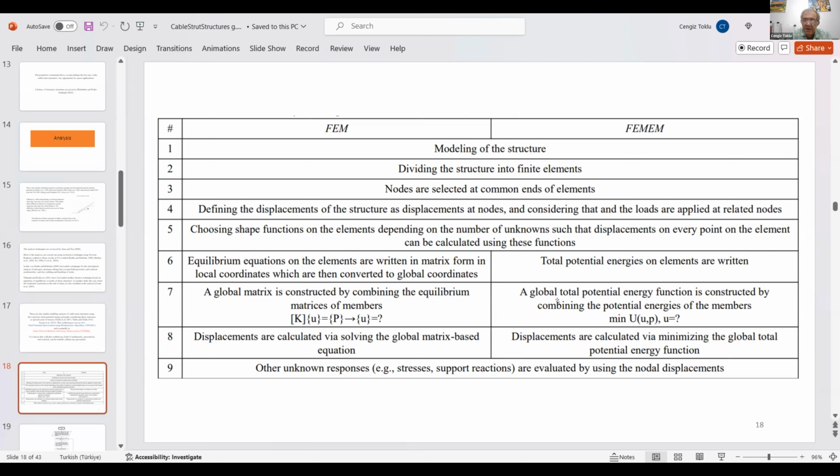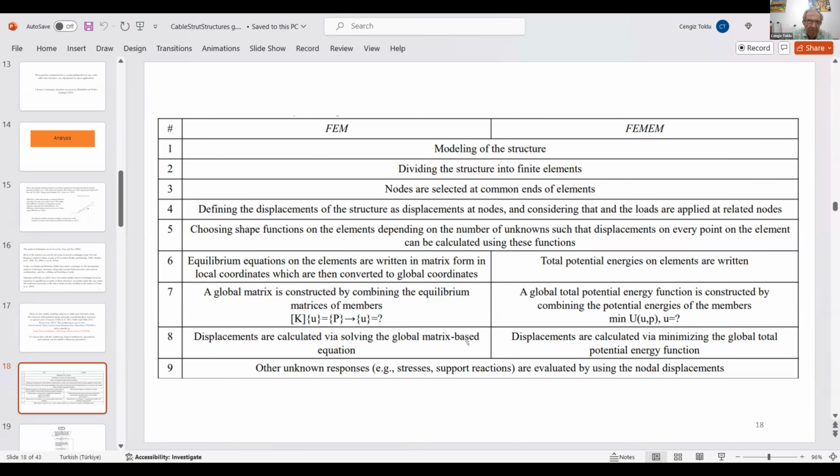On the right, we combine the energies in finite elements into the whole system, so that at the end we obtain a functional which has the total potential of the system written in terms of forces and deflections.